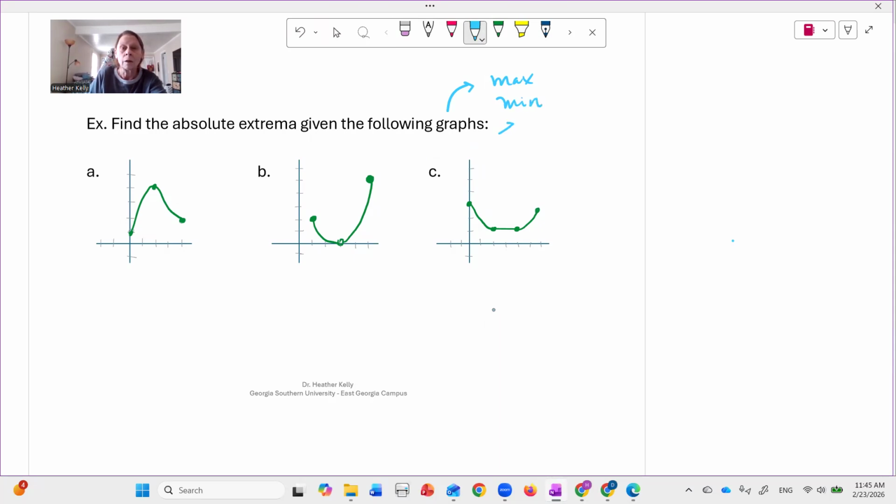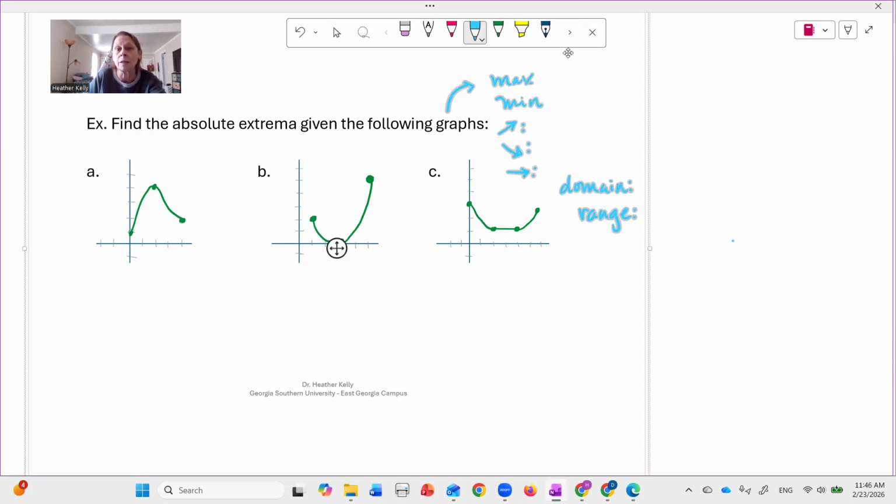I want increasing intervals, decreasing intervals, constant intervals if there are. I'd like to also ask what the domain is and what the range is. So I'm going to ask all of these questions. That's what I want for each one of these guys.